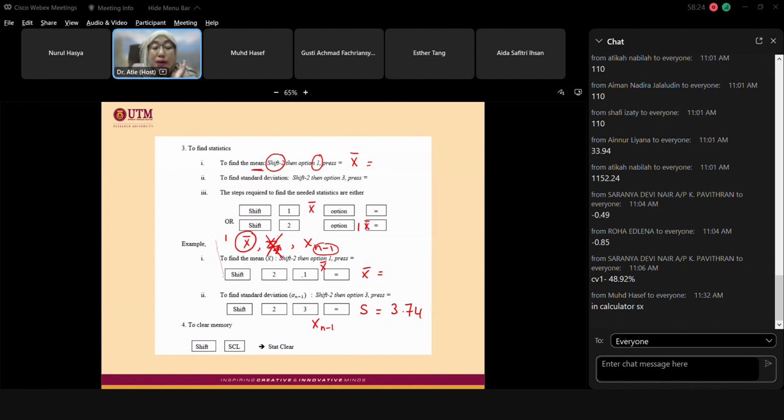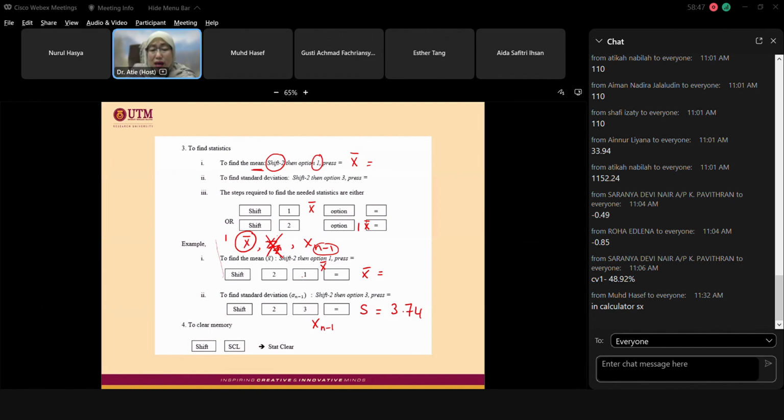Okay, now after you have done that, for our class we can only use the calculator to calculate the mean and also the standard deviation. And it is very important for you to know how to clear the memory, right?